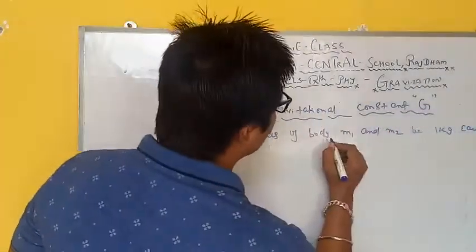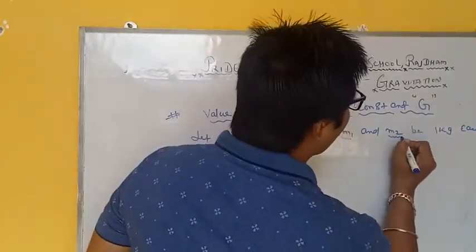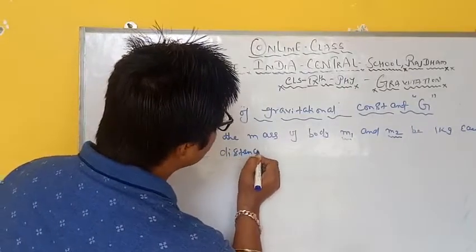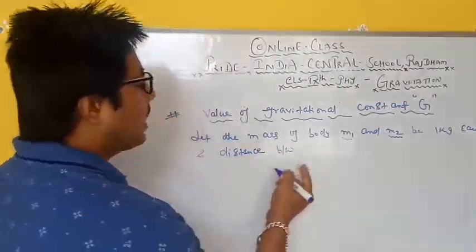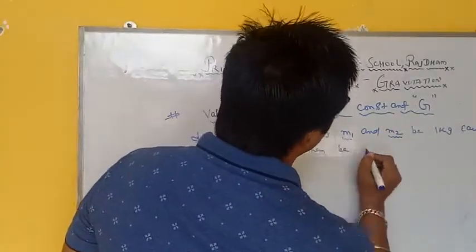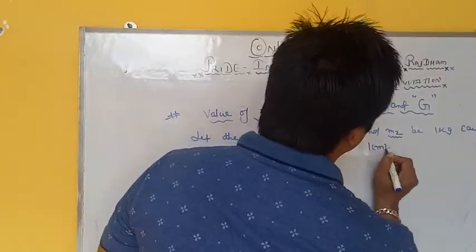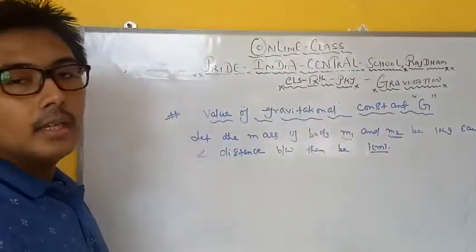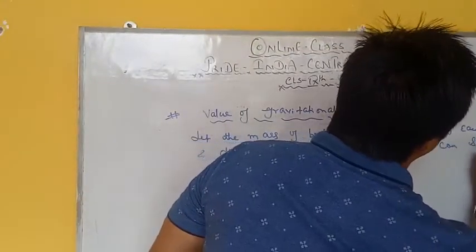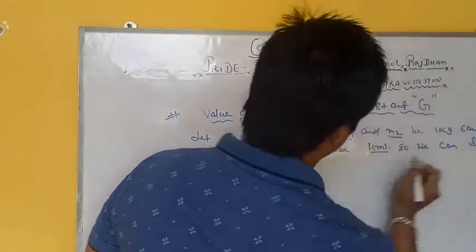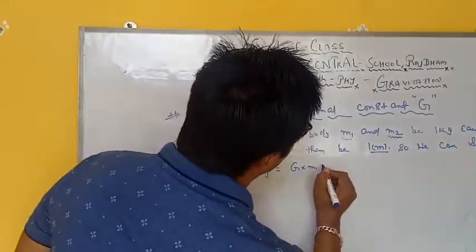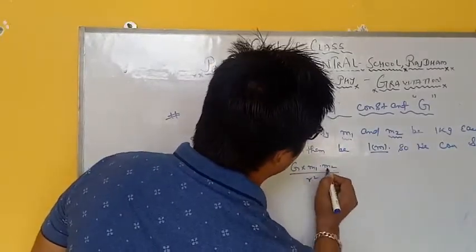Means this also 1 kg, this also 1 kg, and the distance between them be 1 meter. M means meter, 1 meter. So we can say that F is nothing but G into M1 into M2 divided by R square.